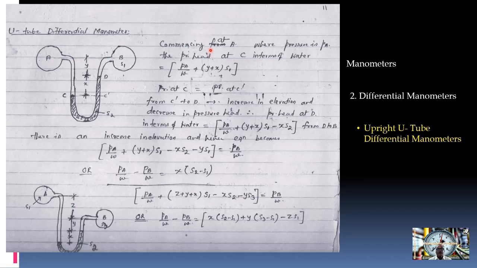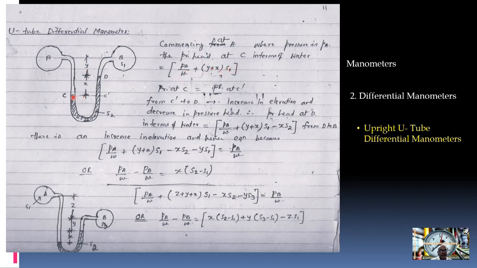Commencing from point A, where the pressure Pa we have to measure, so Pa by W going down Y into S1 plus X into S1. So Pa by W plus Y plus X S1.